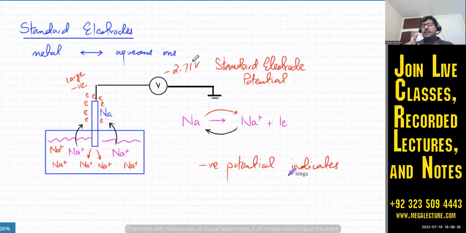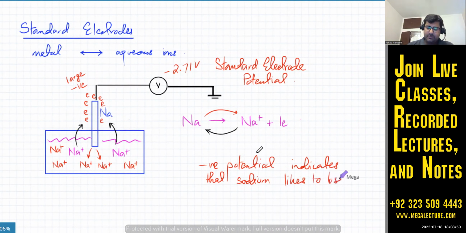If sodium did not like to lose electrons, then there would not be a lot of electrons on this metallic rod, and the negative charge would not be very large. Is all clear, Umar, Abdullah, Nasib?